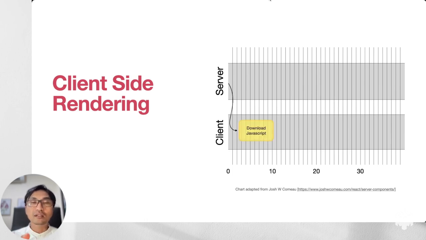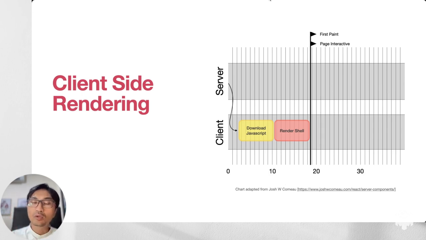Client-side rendering basically happens when the user asks for a URL's contents, and then the server will respond with downloading JavaScript. After downloading the JavaScript files, it will render the shell, and here we will have the first paint and page interactive.